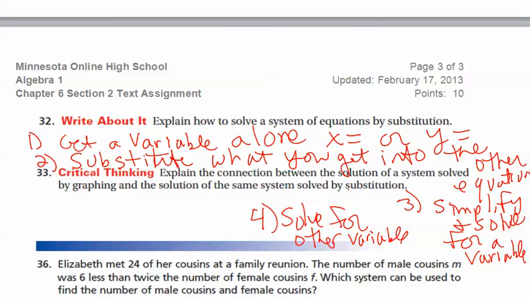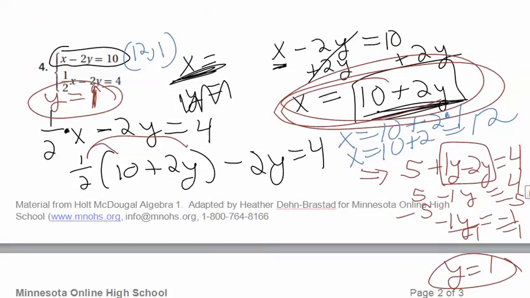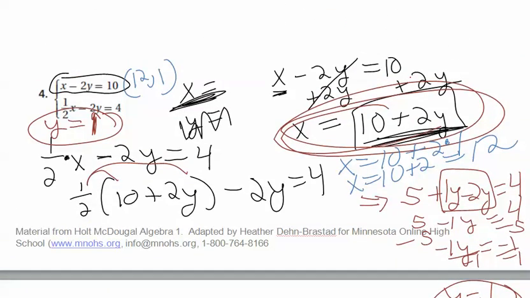Number 33 is shorter. It says, explain the connection between the solution of a system solved by graphing and the solution of the same system solved by substitution. Let's go back to number 4. If you were to graph these equations, if you solved them both for y and graphed them, they would cross at the point 12, 1.